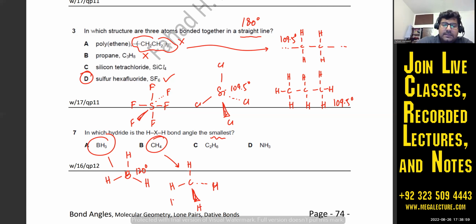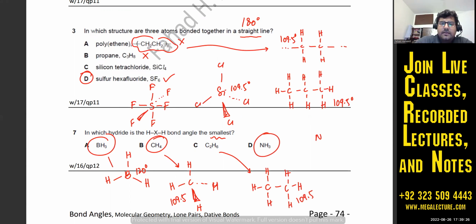So the angle is 109.5. What about C2H6? Again, it's 2 tetrahedrals. ठीक है? I mean, the carbons are, the first one is 109.5. The other one is also 4 bonds. So that's also 109.5. So all of them are 109.5. NH3 रह गया. NH3 is going to be N, and it is going to have a lone pair. क्योंकि 5 electrons होते हैं ना, so it's making 3 bonds, so that means 2 electrons are left.